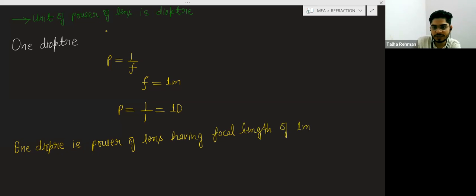If a lens has a focal length of 1 meter, then its power will be 1 diopter. So in the exam, the definition can be asked, what is 1 diopter?